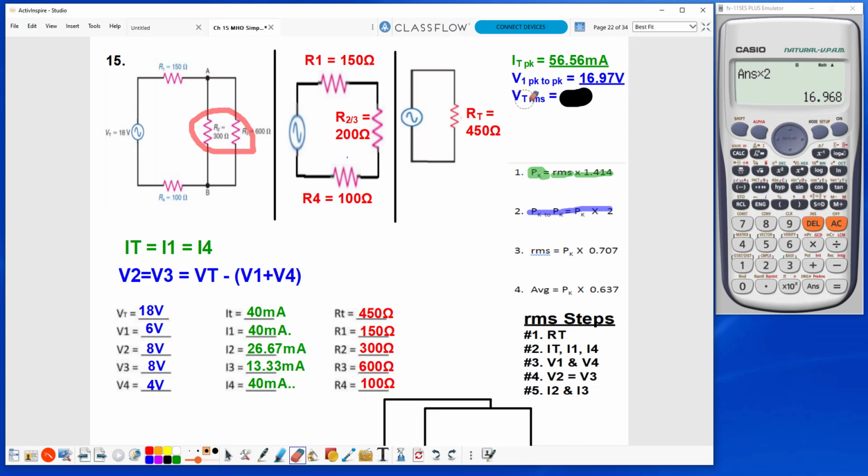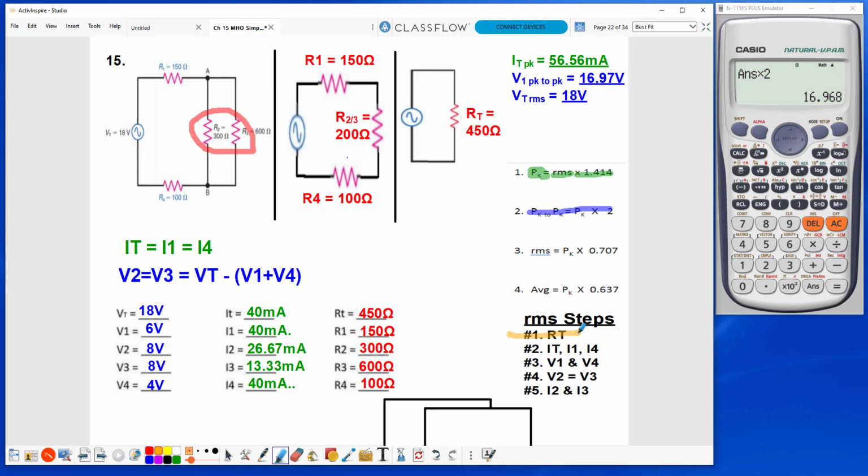Next, I need my VT RMS. Well, these are RMS values already. So the VT of 18 volts is the RMS value. VT RMS equals 18 volts.